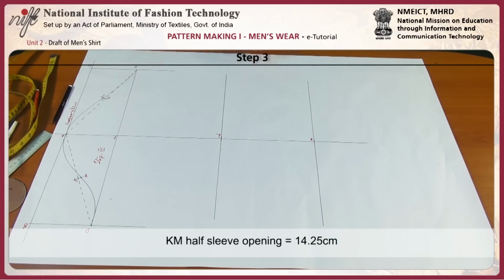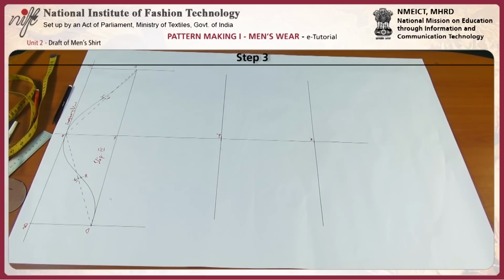K to M half sleeve opening is equal to 14.25 centimeter. The formula can be followed given in the description.